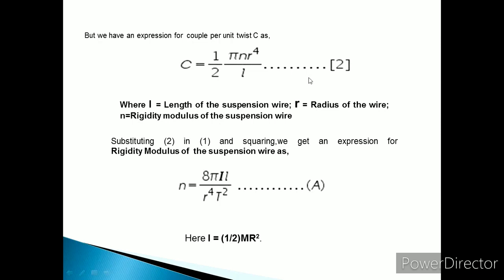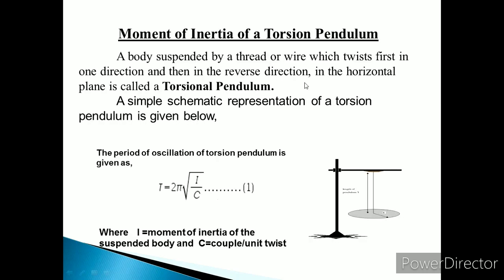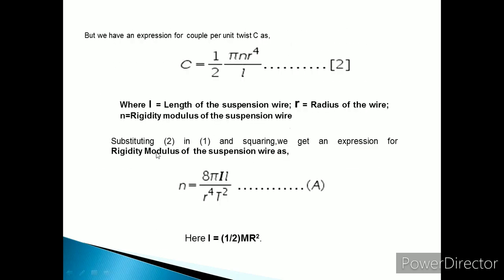Now we substitute equation number 2 in 1. Substituting equation 2, we get the rigidity modulus of the suspension wire, n is equal to 8 pi I L divided by r power 4 into T square. This is treated as equation number A. Here I is the moment of inertia, I is equal to 1 by 2 m r squared.